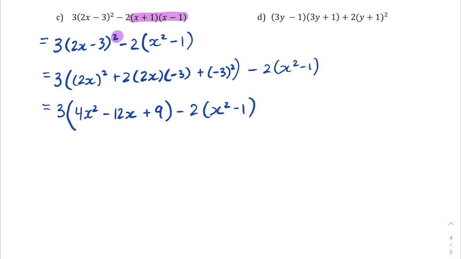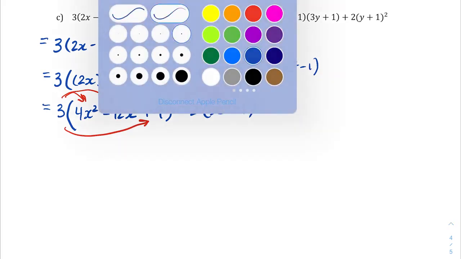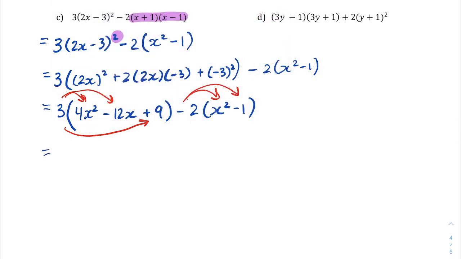At this stage, we're going to apply our distributive property. I like to put the arrows to remind me so that I don't forget any term. 3 times 4x squared is 12x squared minus 36x plus 27 minus 2x squared plus 2.